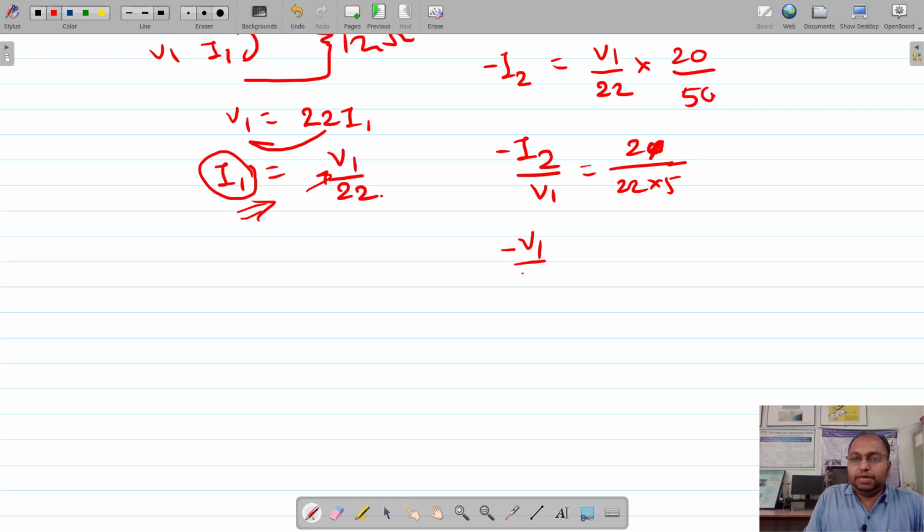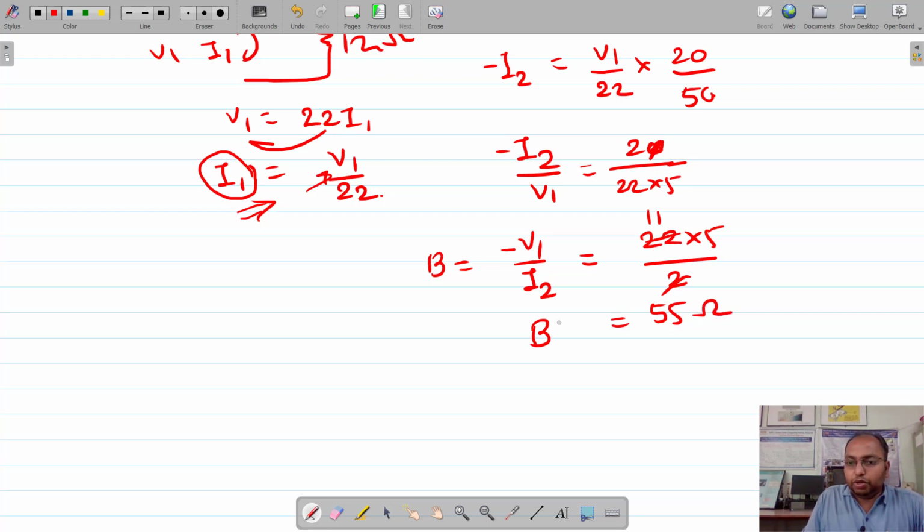Minus V1 by I2. Now keep the minus sign as it is because B is nothing but minus V1 by I2, right? So 22 into 5 divided by 2, it will be coming as 55, because this is going to become 11, right? So 11 5s are 55. So B is coming as 55, and this is nothing but your ohms.